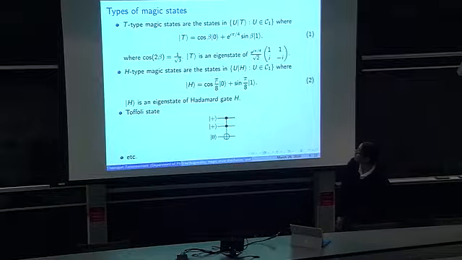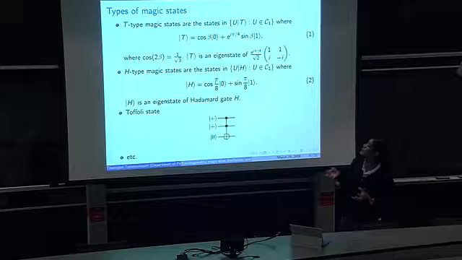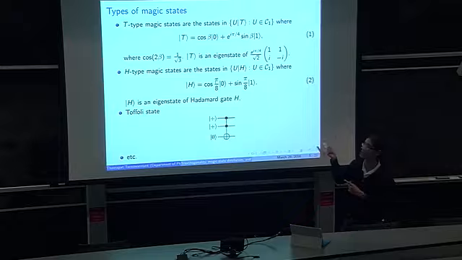All states obtained from Clifford operators acting on the T state are called T-type magic states, and all states from Clifford operations on the H state are called H-type magic states.